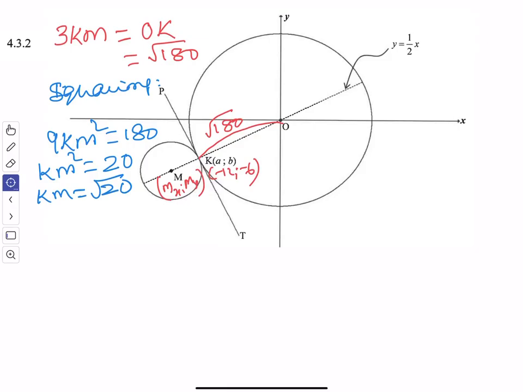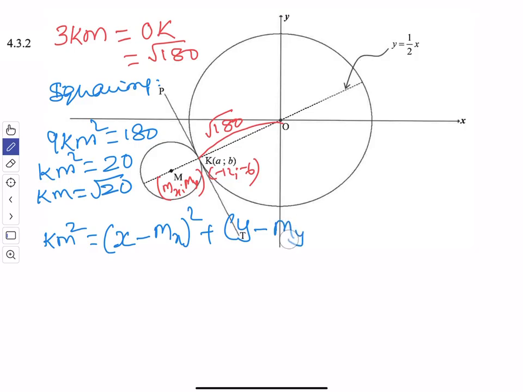So KM squared is equal to (x minus Mx) the whole squared plus (y minus My) the whole squared.